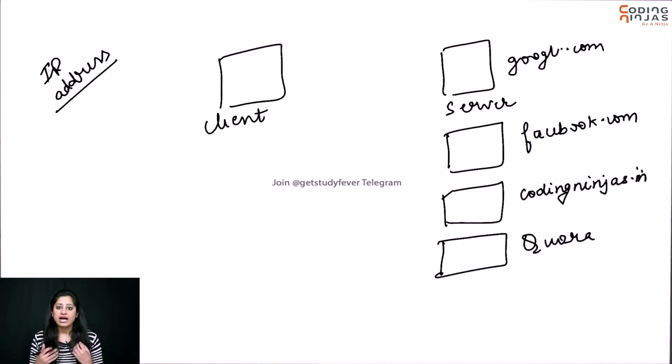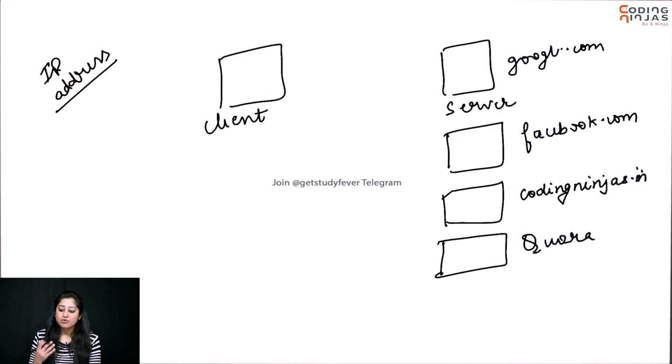That's the domain name. google.com is a domain name, codingninjas.in is a domain name. So I'll just enter the URL, and I would want it to contact the relevant Google server. For now, I have just symbolized that there is one Google server. Actually, there are multiple Google servers, but for now, let's just picture one.